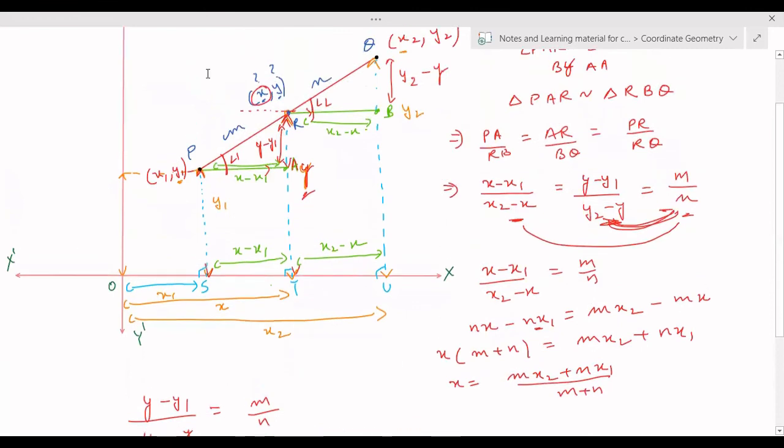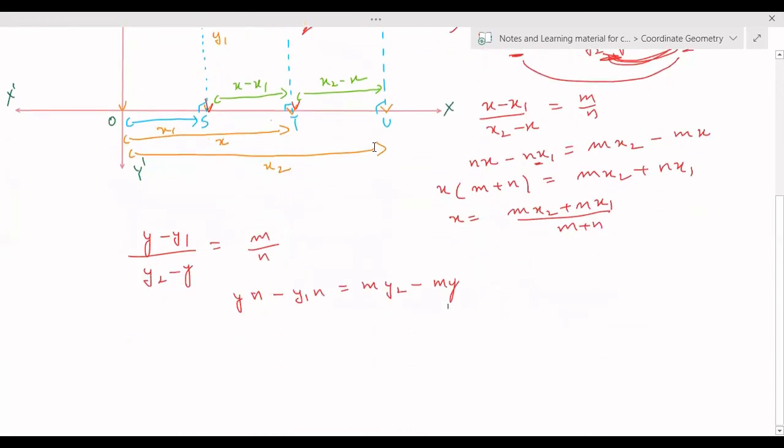Now my interest is to find y for R, the ordinate of R. So bringing the y terms on one side, taking m plus n common, we get (m plus n) y equals my2 plus ny1. Then we write y as my2 plus ny1 over m plus n.